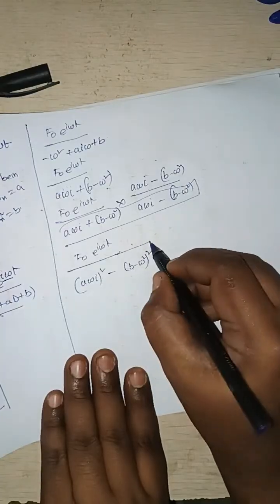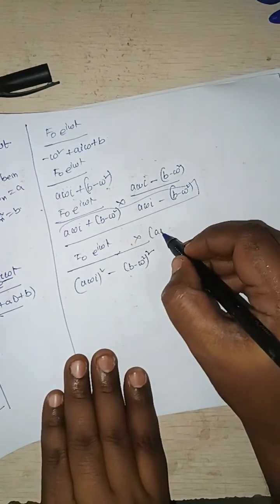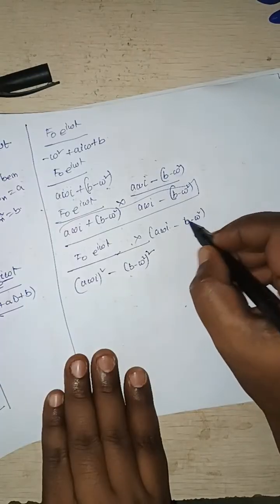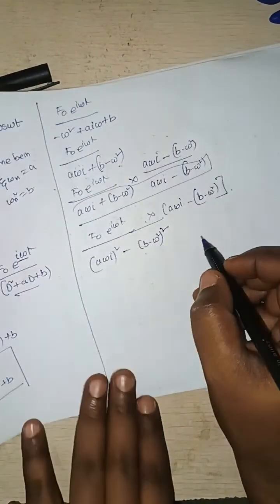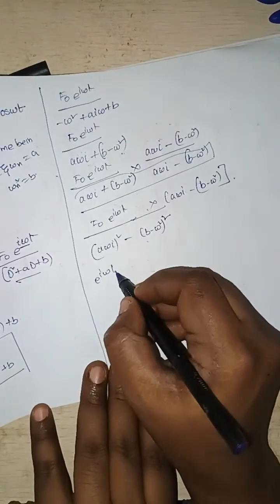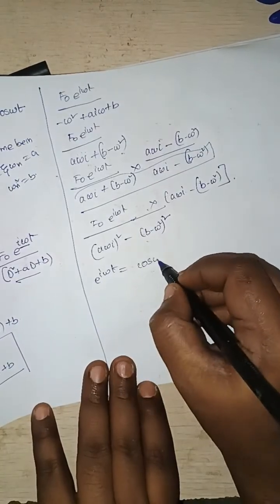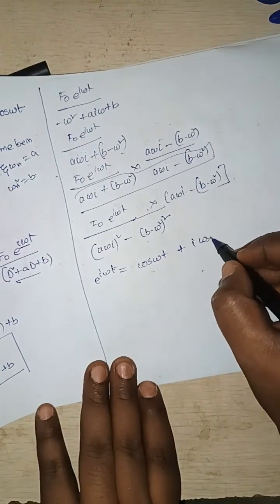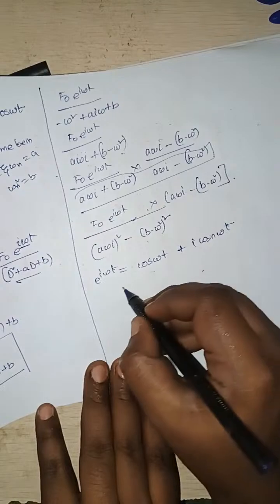As we know, e power i omega t is equal to cos omega t plus i sin omega t.